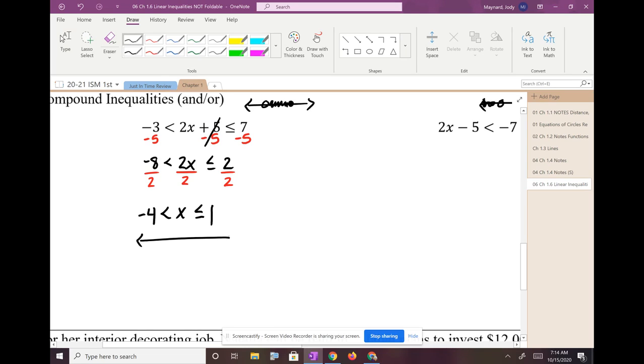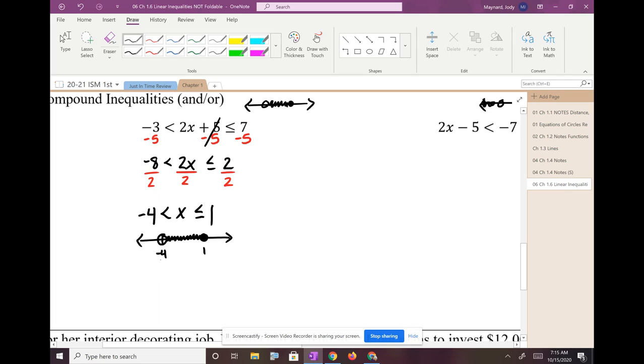So let me go ahead and draw a picture. So here's my negative 4, here's my 1. At negative 4, there's an empty circle because it is a less than. At 1, it's a filled-in circle because it's a less than or equal to, and it's shaded between because x is between the numbers. There is my picture. Now let's go ahead and write the interval.